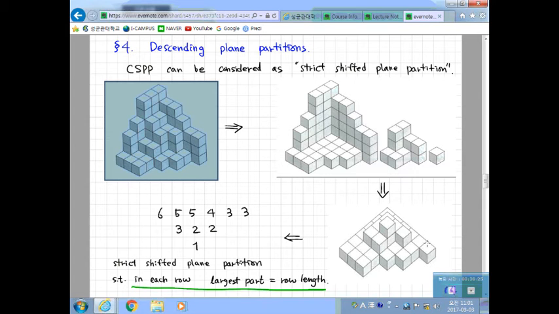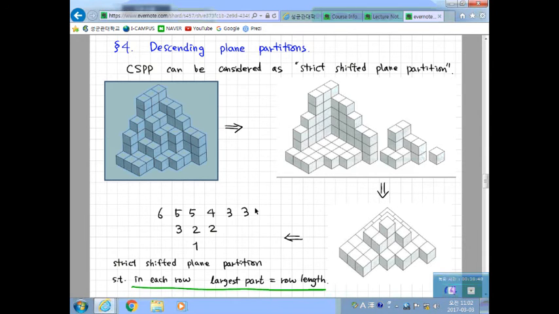Now, if you look at each floor, it is a Young diagram, so it is a partition. Let me write this as a partition. How many boxes are there? 1, 2, 3, 4, 5, 6. So 6, 5, 5, 4, 3, 3. I write those numbers here.